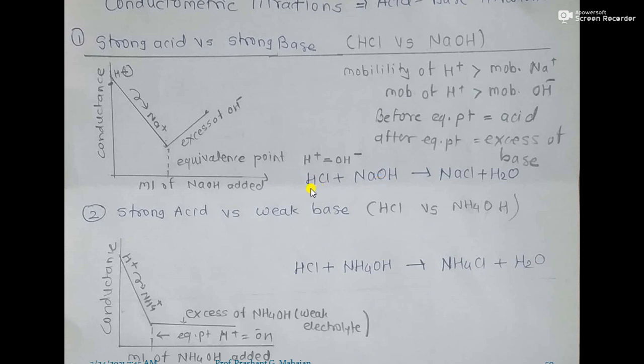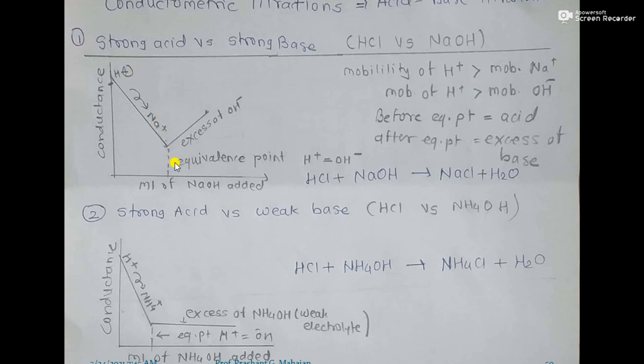In HCl, H+ has a smaller size, so it has greater mobility. That's why its conductance is at a higher level. When we add NaOH from the burette, the fast moving H+ is replaced by slow moving Na+. That's why conductance decreases up to the end point. So this decreasing curve is for H+ getting replaced by Na+.